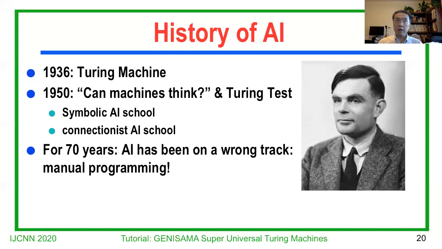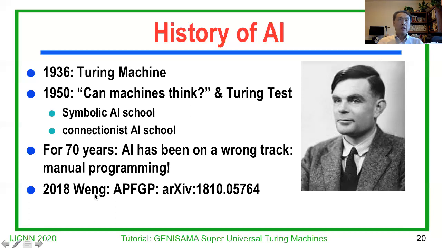What do I mean by a wrong track? Many of us think that we can build AI systems by programming machines according to a particular task. In the old days we did not know how to do this, so okay, but the system is brittle.